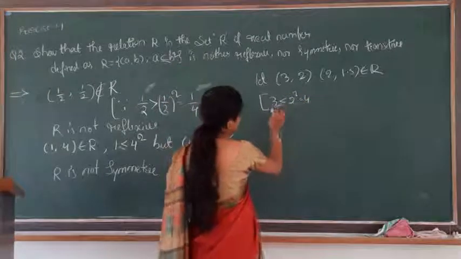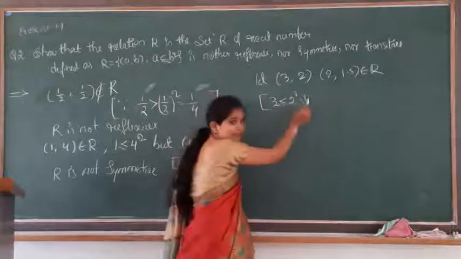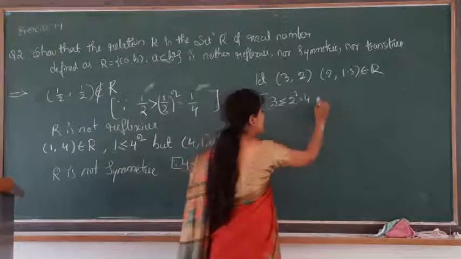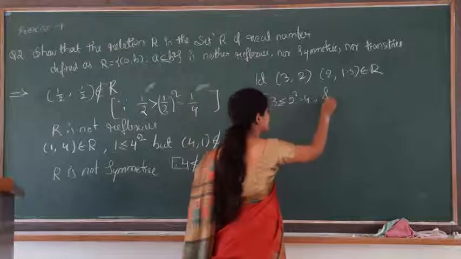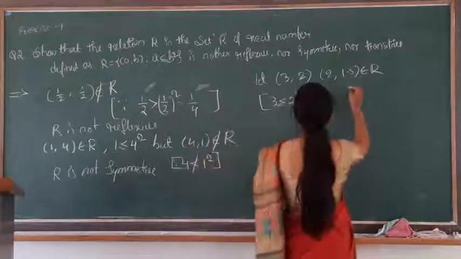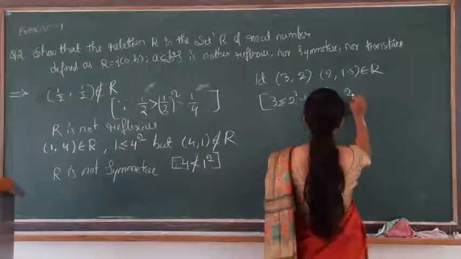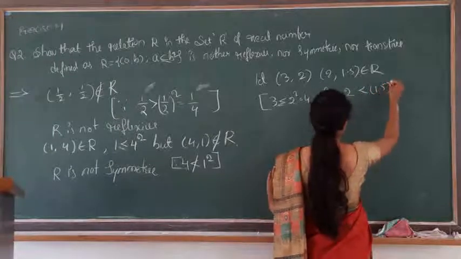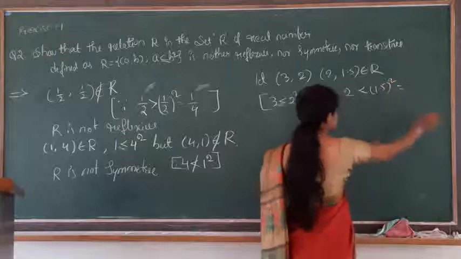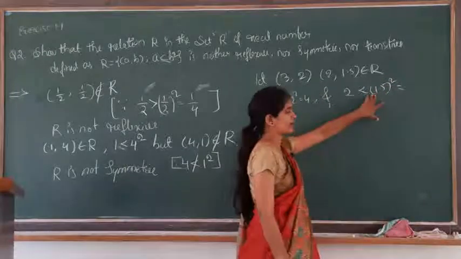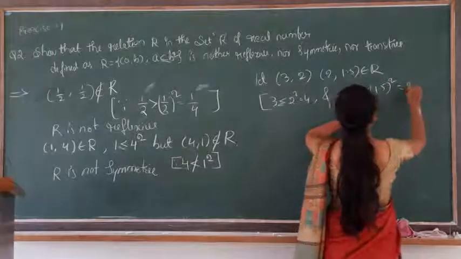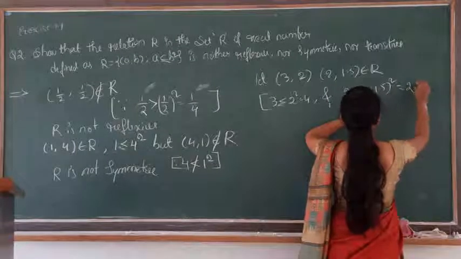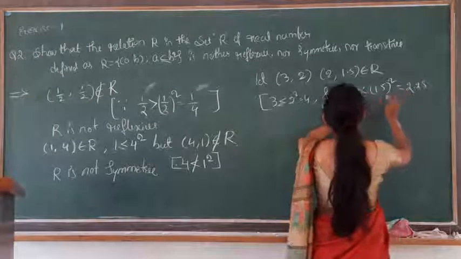So 3 is less than 4, right? And in (2, 1.5), 2 is less than 1.5 square, because 1.5 square is around 2.25, right?